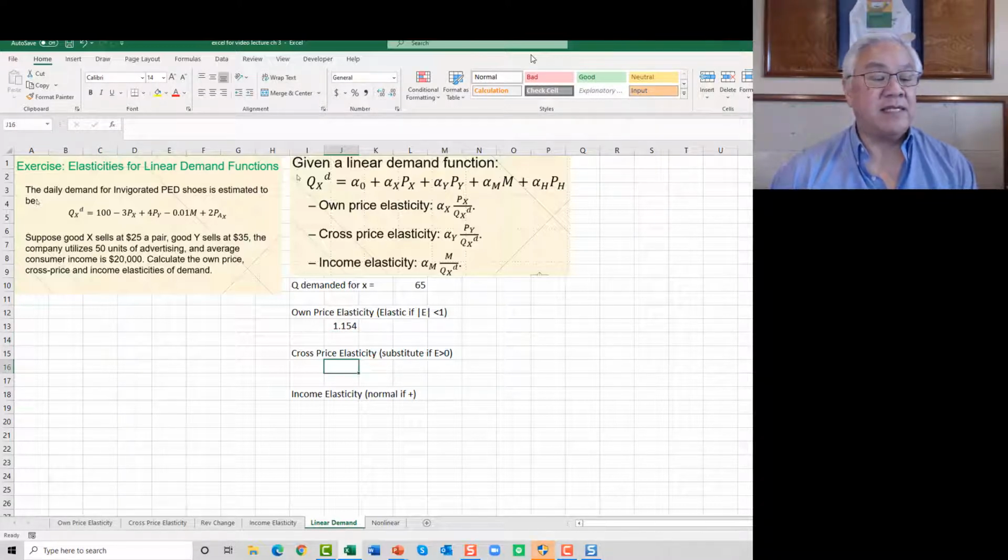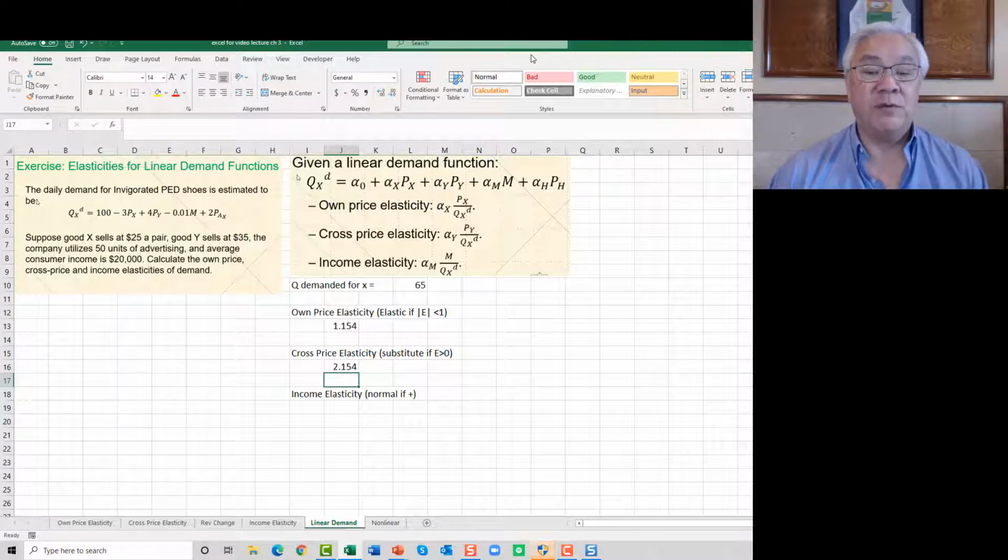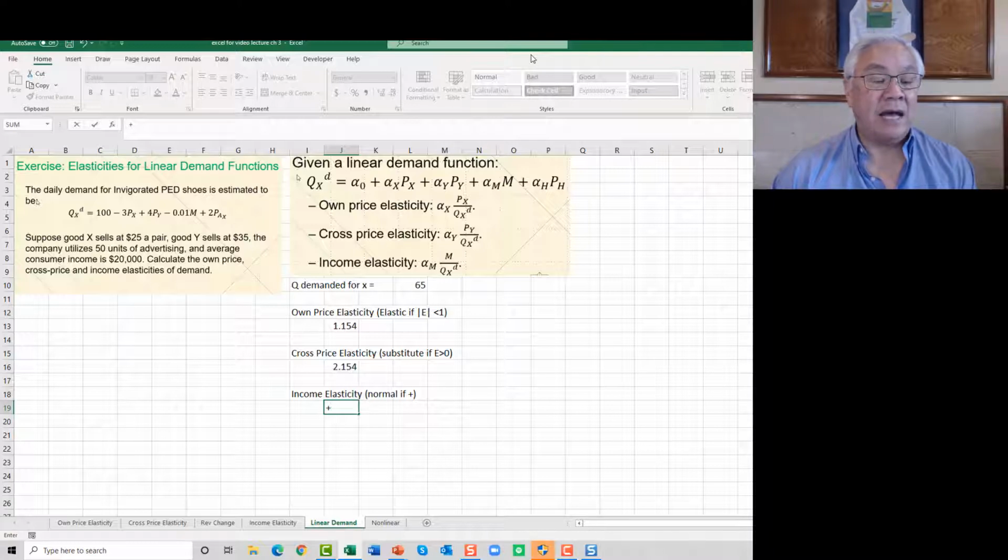Next, we'll do the cross price elasticity, which is alpha Y, which is 4, times the price of Y, which is 35, divided by the quantity, which is 65, equals 2.15. And then income elasticity: we take the alpha M, which is minus 0.01, times the amount of income, 20,000, divided by the quantity of X, which is 65.